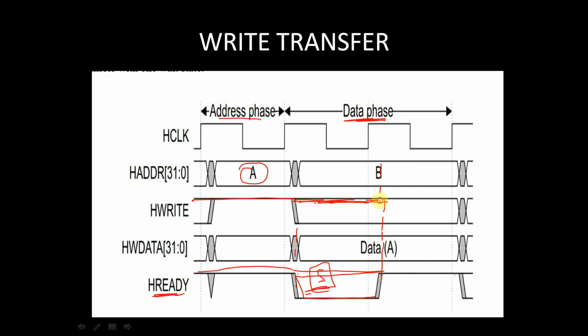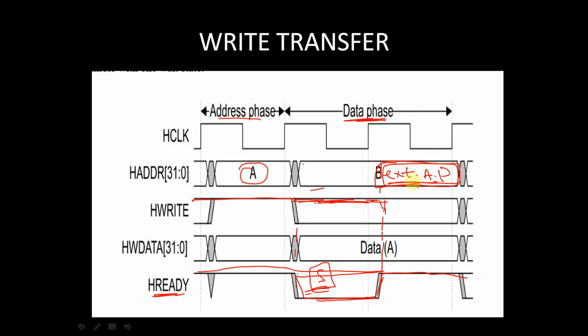Here the address phase should be up to here only, but as HREADY is low, the address phase is extended up to this clock cycle. This is the extended address phase. So the address phase will get extended if the HREADY signal is low, until it becomes high.